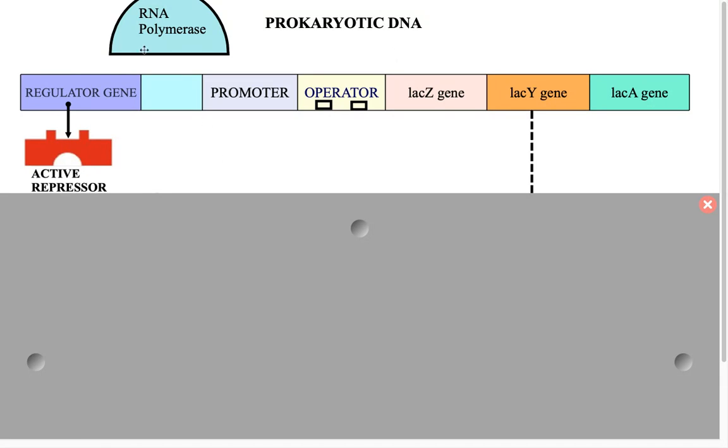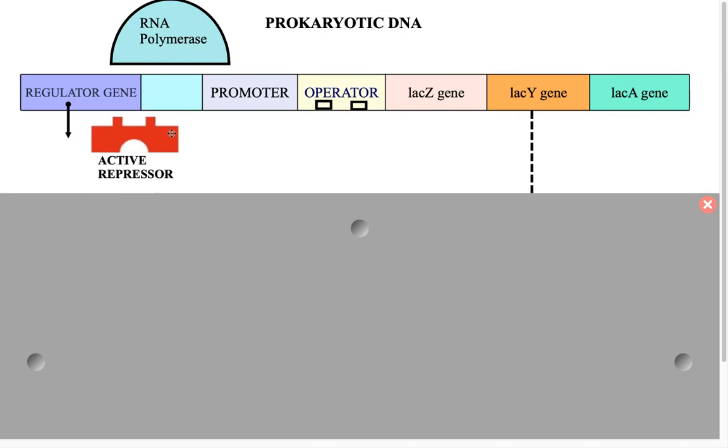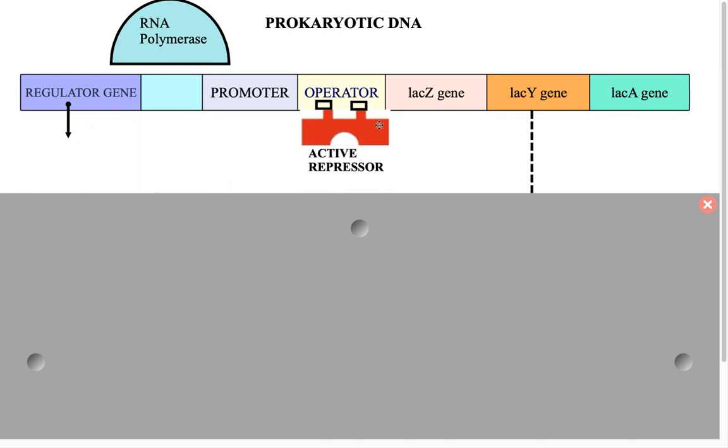Now, you're going to have a regulator gene, and what this regulator gene does is it codes for the active repressor. What this active repressor does is it binds to a spot where it fits perfectly into the operator.